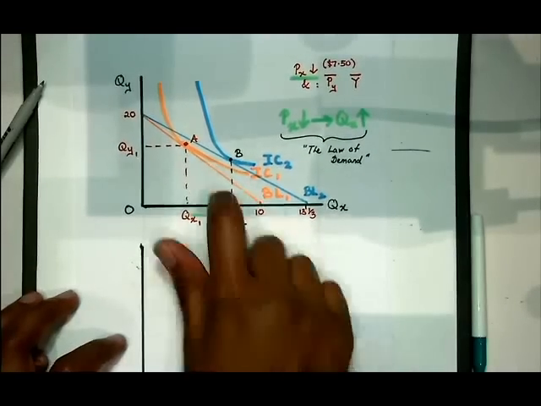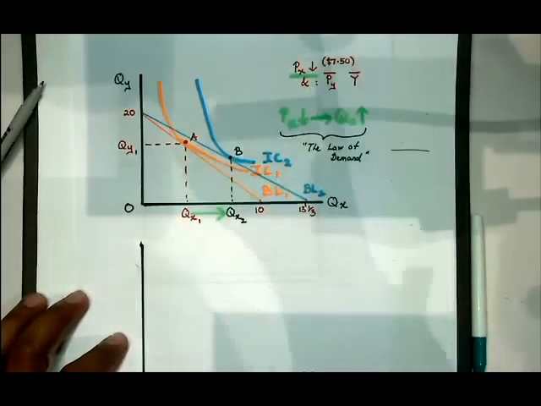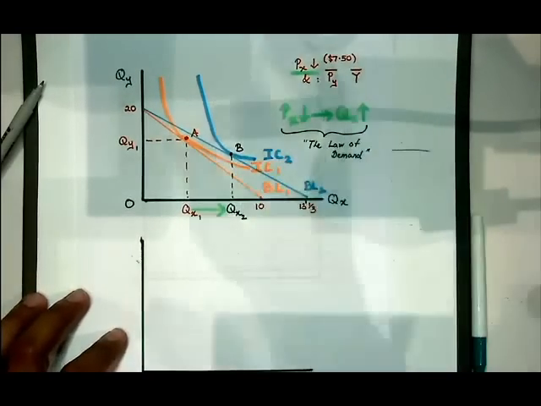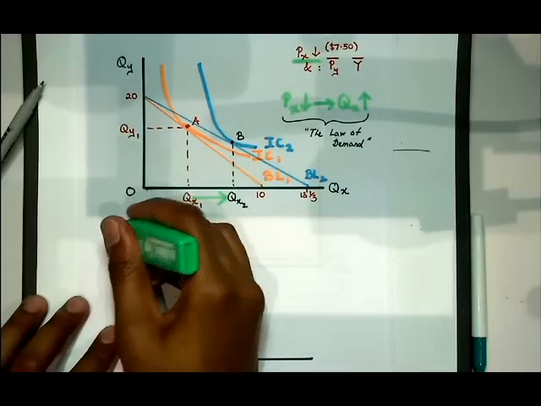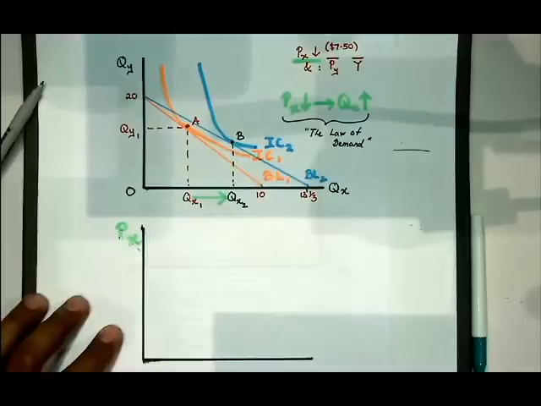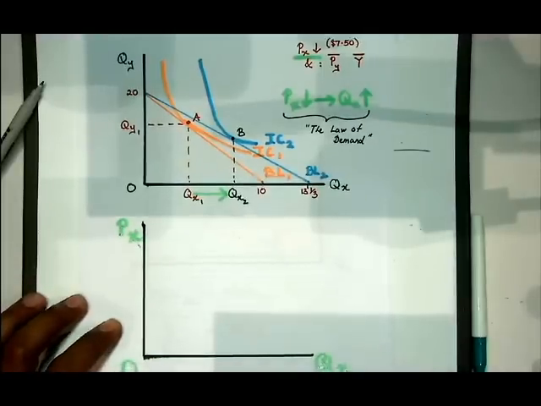Okay, so now that you can see Px going down and Qx going up, we can now plot a relationship between Px and Qx.